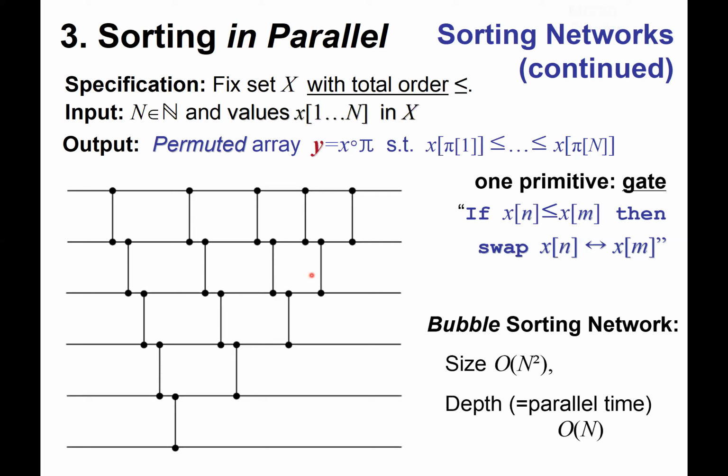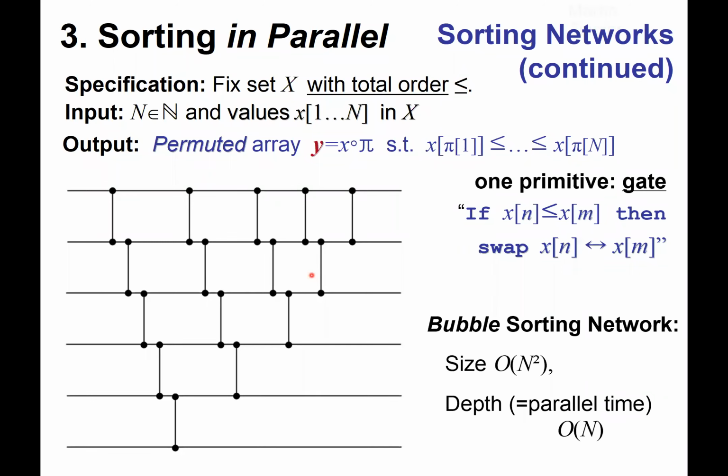So this is a great example of how parallel computing can accelerate algorithms. Namely, this is a comparison-based parallel sorting network using less than n log n running time, namely only O of n, linear running time for sorting.